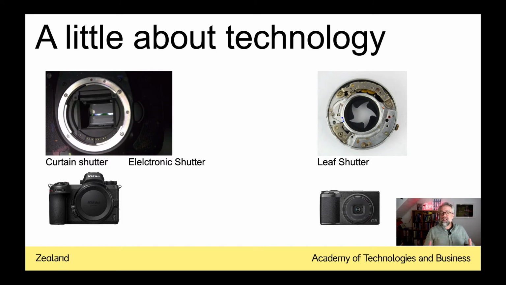The great advantage with the leaf shutter is that it's very silent, and you don't have to consider anything about synchronization when you do flash photography. You can have the fastest shutters and don't need high speed sync on your flash and so on. So this is very beautiful, and it's silent.